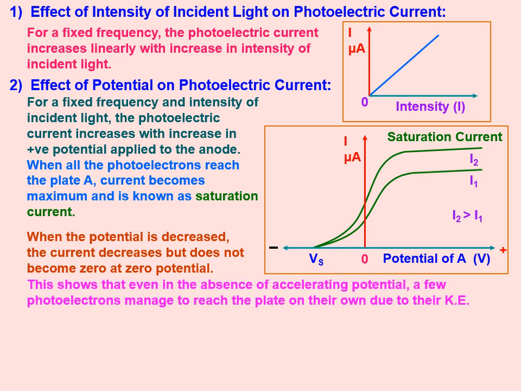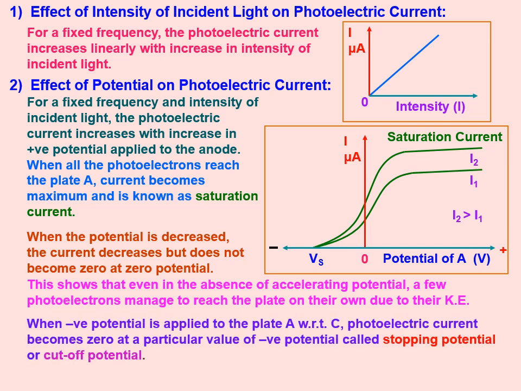This shows that even in the absence of accelerating potential, a few photoelectrons manage to reach the plate on their own due to their kinetic energy. So even if we have not applied any potential, some electrons still can reach plate A because of their kinetic energy.